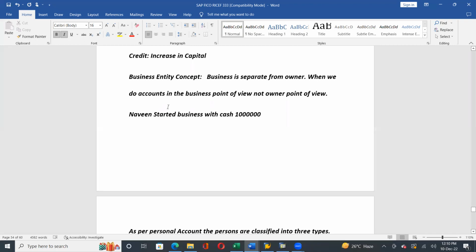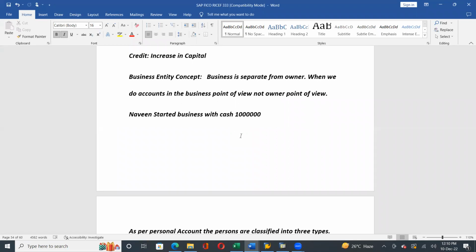Whatever capital Naveen is investing in us, we need to repay back to Naveen. So is capital an asset or a liability? Liability. Why? Because capital always needs to be repaid to whom?